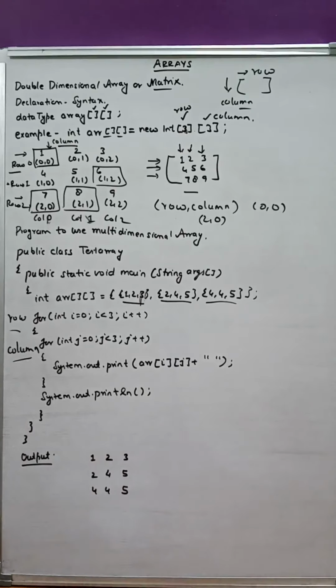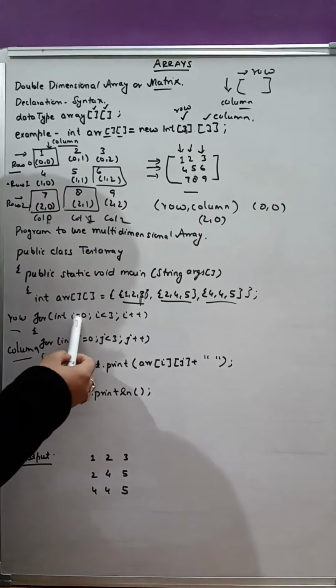In a similar way, for j also the maximum value is 2, because j is less than 3. Let's see how the program runs.